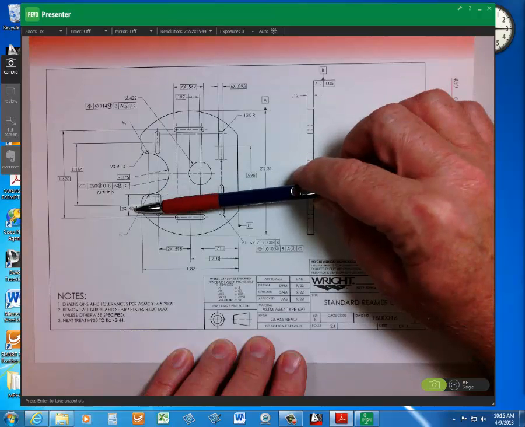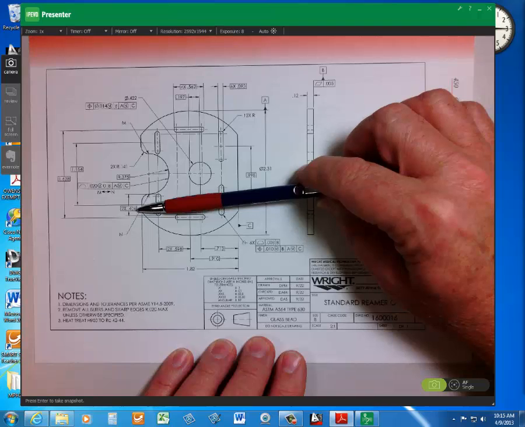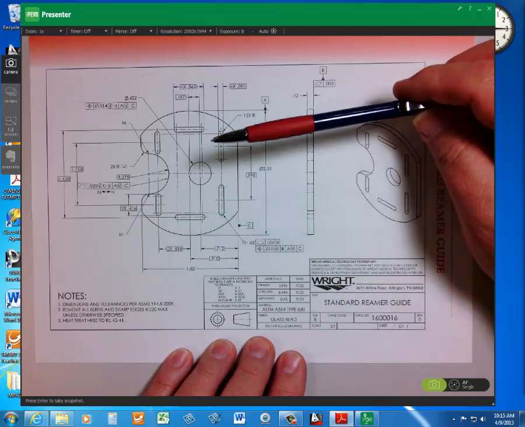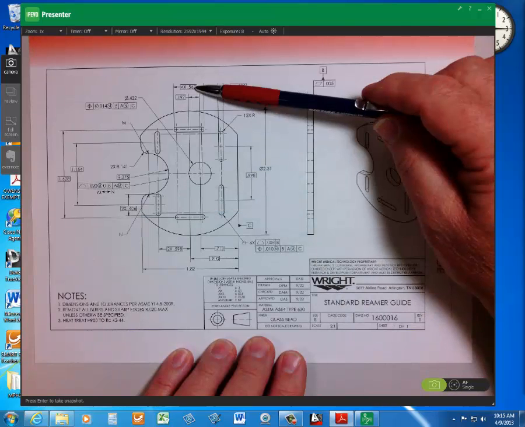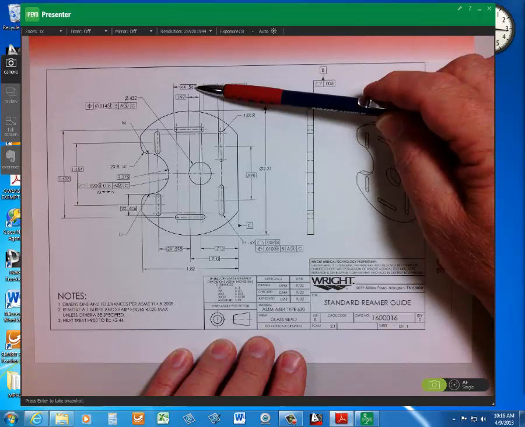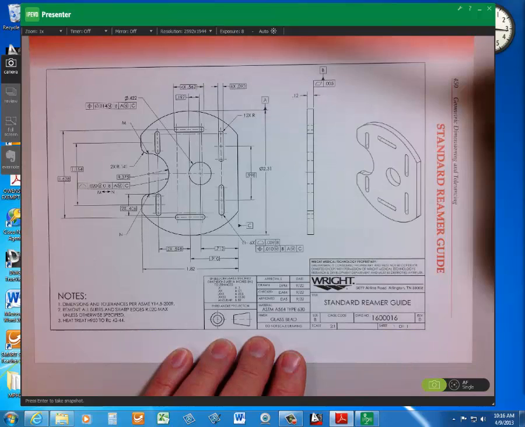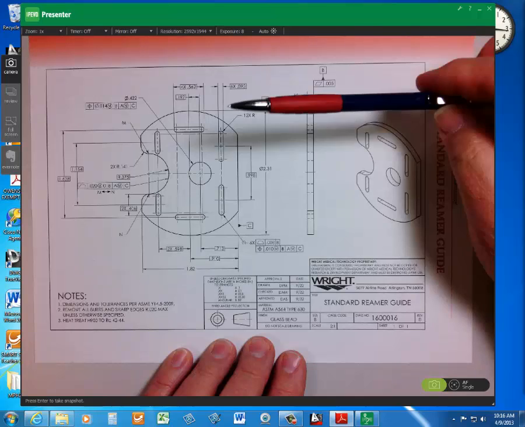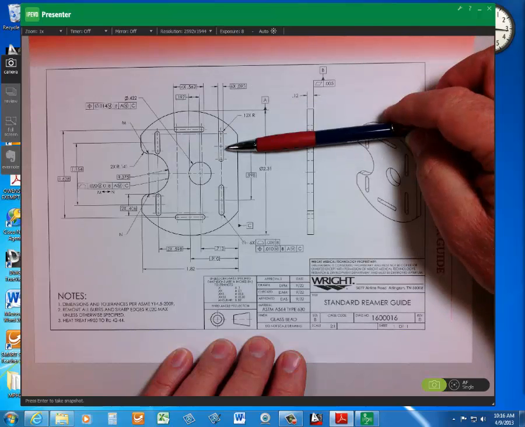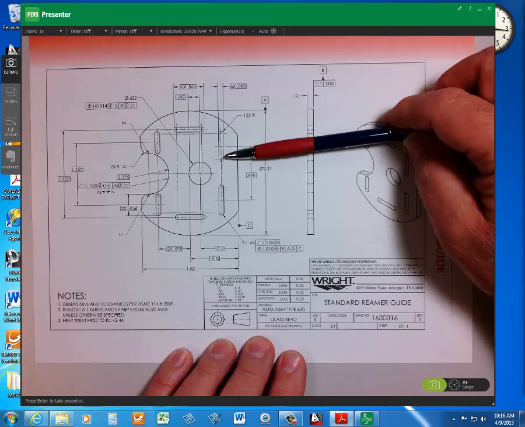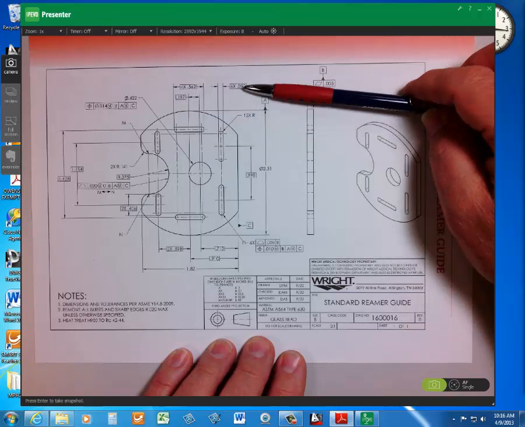Right here, with full radius ends, and 4 slots are 0.562 long with full radius ends. So that's how you would describe the features. It's interesting that it's a size and it is basic.